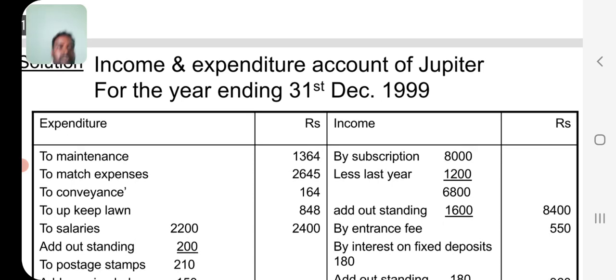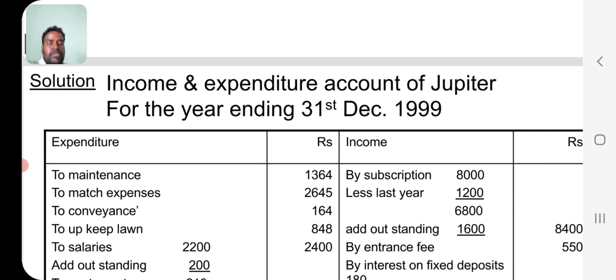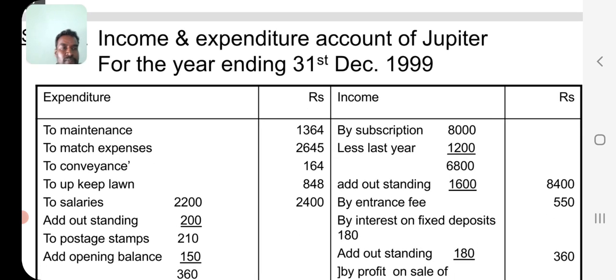So see here, income and expenditure account of Jupiter Club for the year ending 31 December 99. To maintenance 1364, to match expenses 2648, conveyance 164.